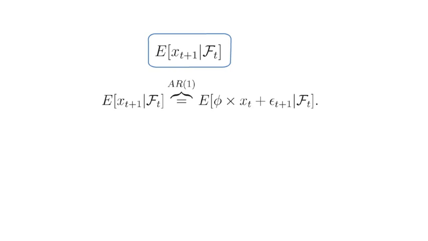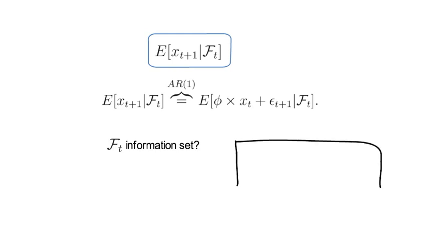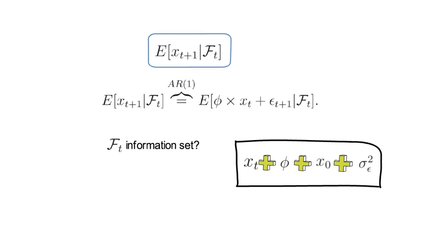So now ask yourself, which information is part of the Ft information set? Well, that is xt and the constant parameters like phi, x0 and sigma squared epsilon.